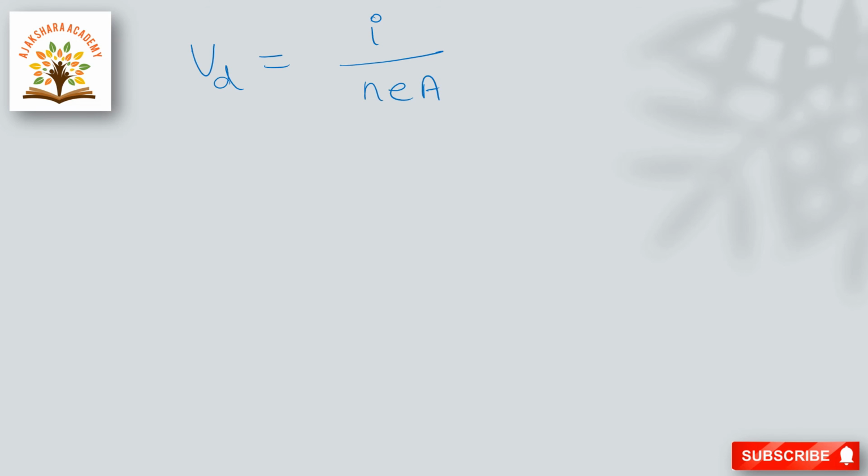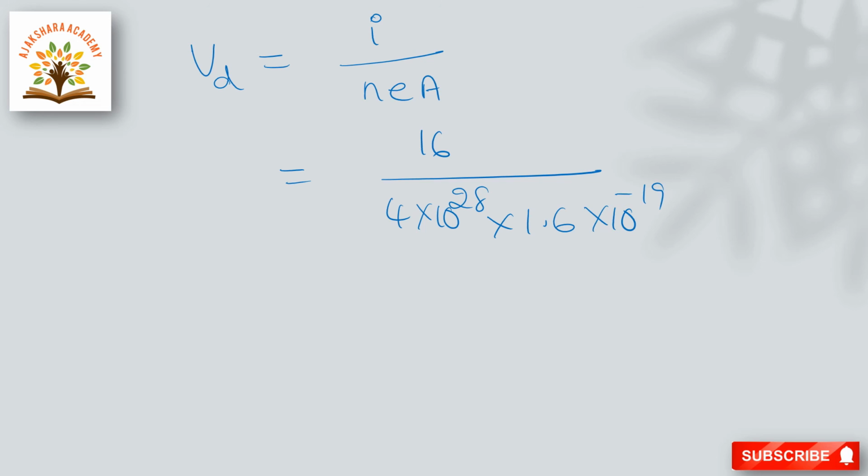So I is 16 by N, 4 into 10 to the power of 28 into 1.6 into 10 to the power of minus 19 into 10 to the power of minus 5. So here 4 ones 4, 4 fours 16, 4 ones 4, 0.4.